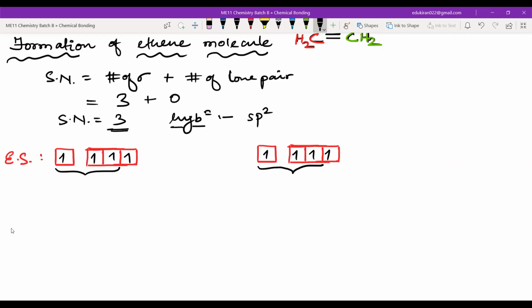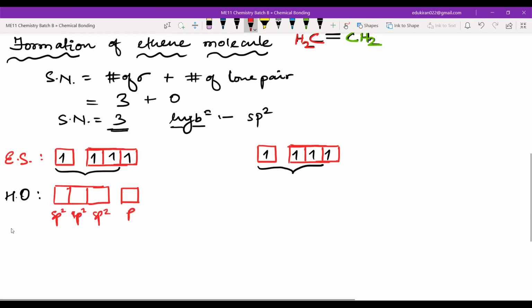So you will get 3 hybrid sp2 orbitals, and there will be one pure p orbital. Okay, this is p, and the others are sp2. All these are sp2.